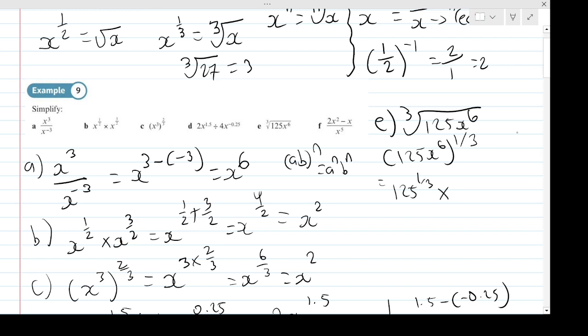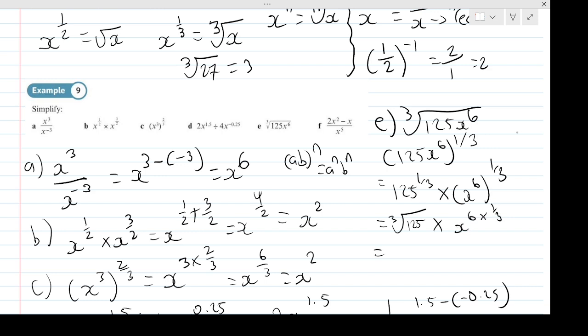Well, this would be times by x to the sixth of a third, okay? Well then, 125 to a third, again, that's the cube root of 125. And then x to the sixth to a third, again, we can times the powers because we have a bracket always by power, so we can times the powers together. So x to the sixth times a third.